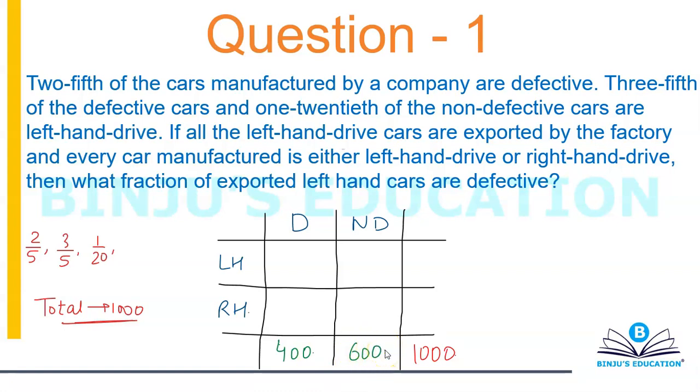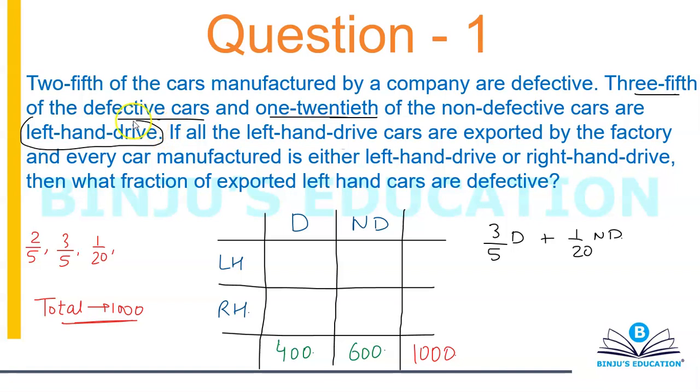Okay. Now it says 3/5 of defective cars and 1/20th of non-defective. So let me write this: 3/5 of defective, 3 by 5d, and 1/20th of non-defective. They are left-hand drive.